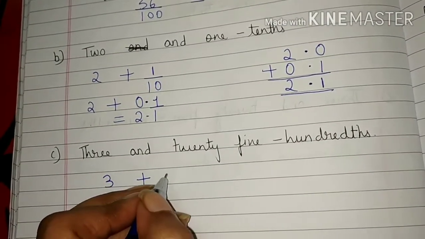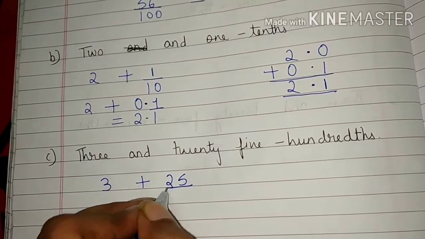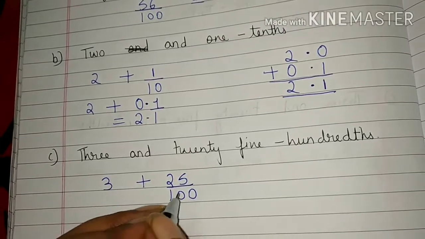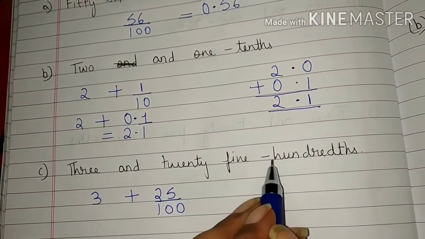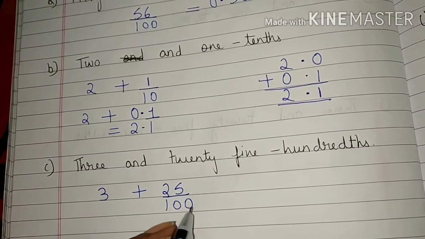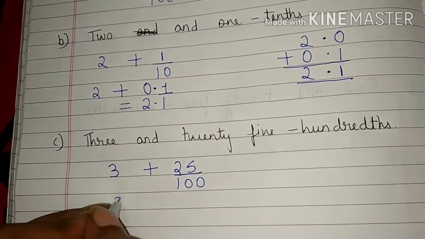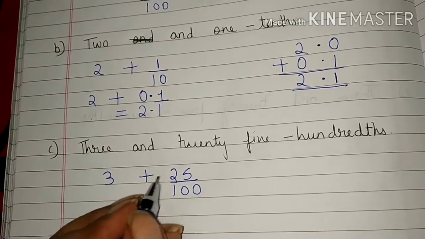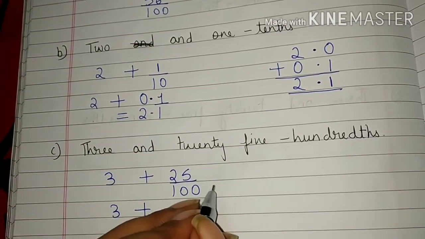So students, we will write here 25 divided by 100, because here it is written 25 hundredth. Now students, 3 plus. We will convert 25 divided by 100 into decimal.